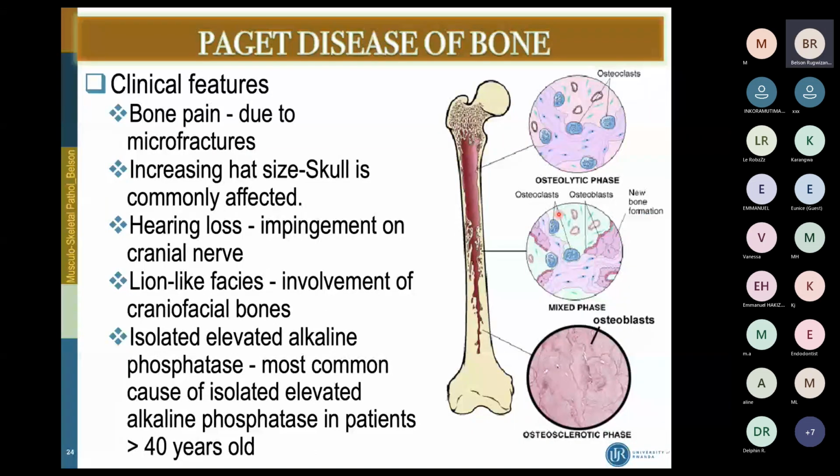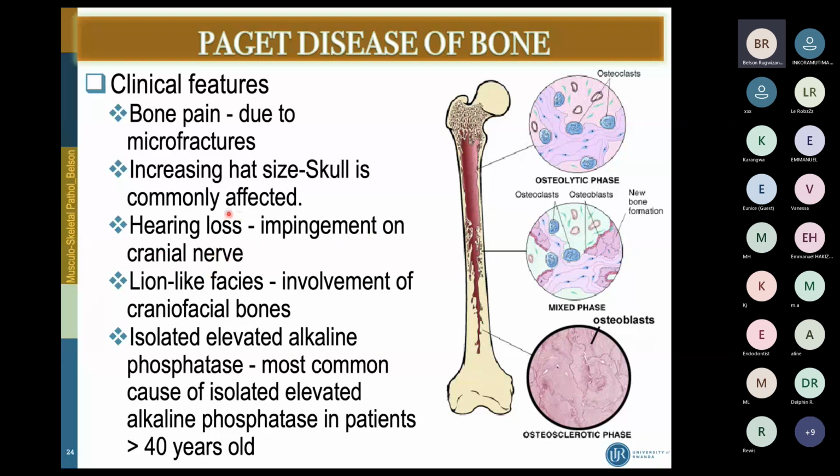So clinical features then: bone pain due to microfractures, increasing head size. The skull is commonly affected, so the skull is more affected. So hearing loss because of impingement of the cranial nerve.